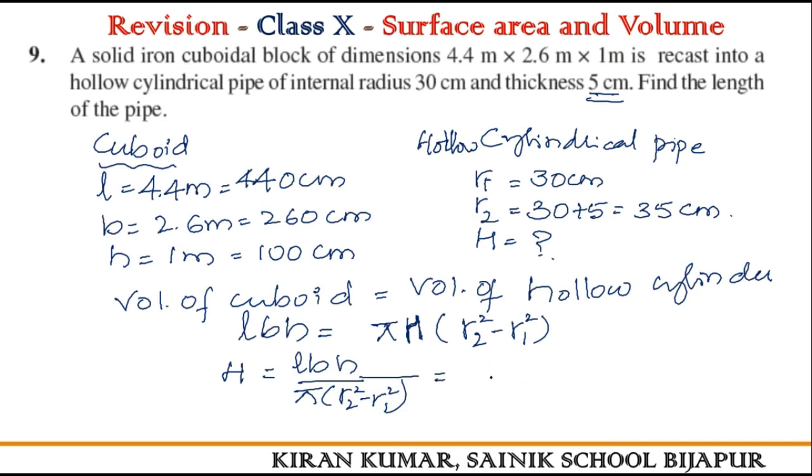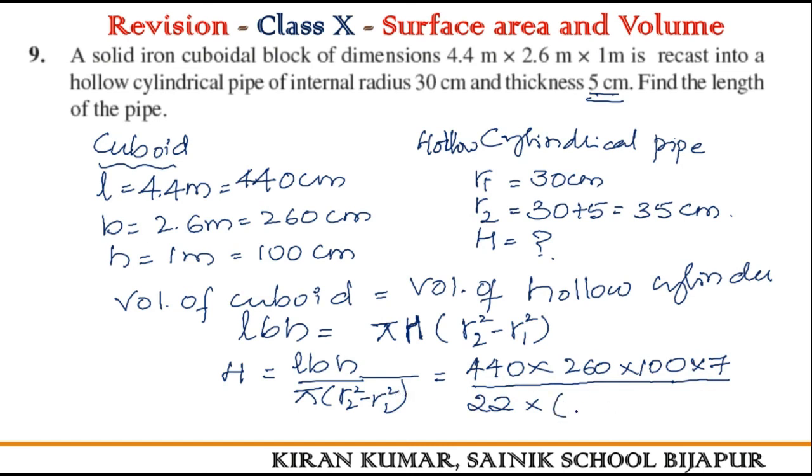L is 440 into B is 260 into H is 100 divided by pi value. Here it is 22 by 7. The 7 will go to the numerator into r2 square is 35 square minus 30 square.